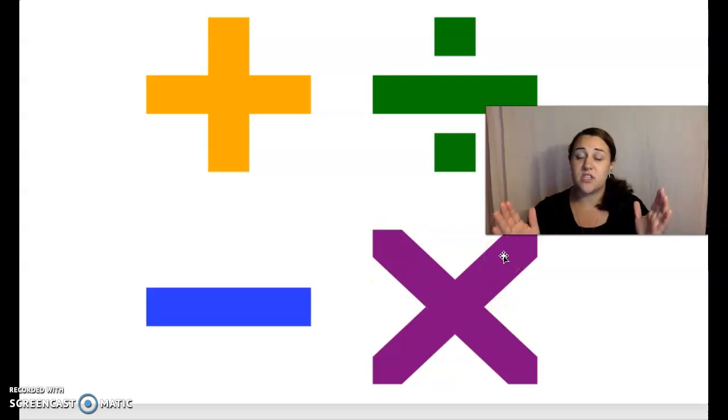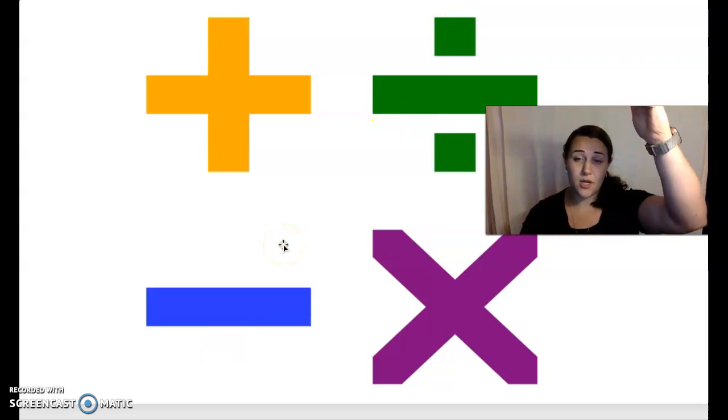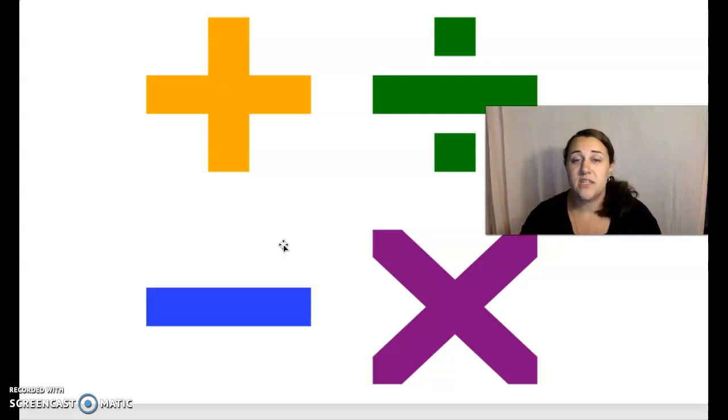We had two numbers and we had to put them together, two smaller numbers to make a bigger number. Subtraction and division are similar in the way that we start with a bigger number and we try to find a smaller number. Division is basically just dividing that bigger number into equal groups, hence why we're doing equal groups this week.